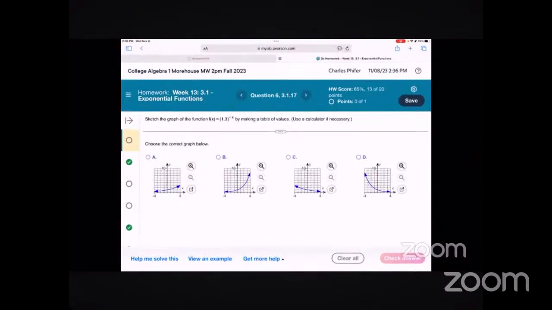Let me see. Okay. When x is -1, the corresponding y should be at 1.3, I believe. That doesn't look like a 1.3.